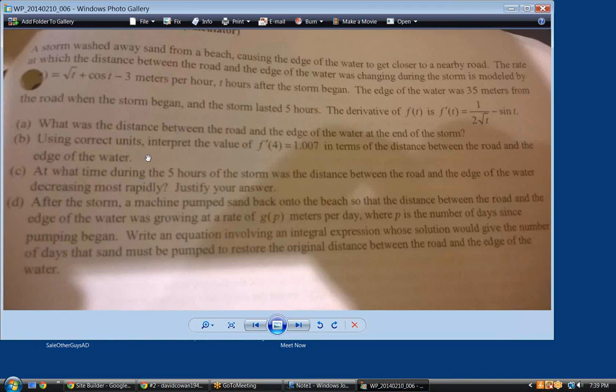Part B, using correct units, interpret the value of f prime of 4 being 1.007.